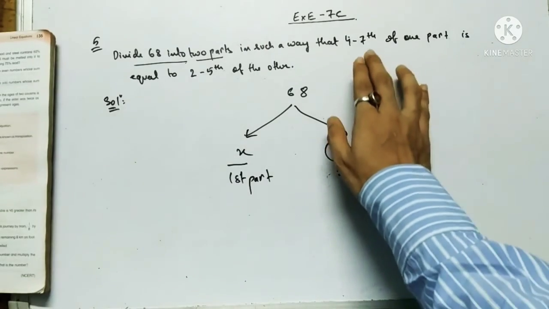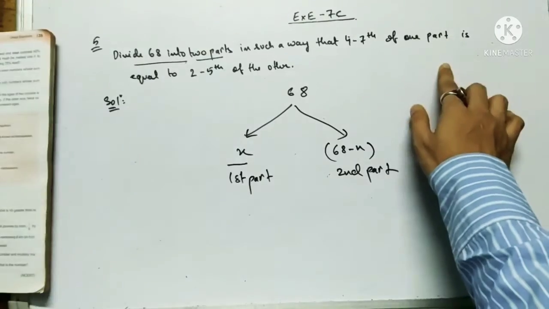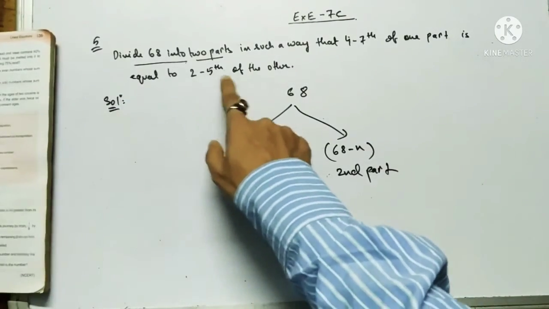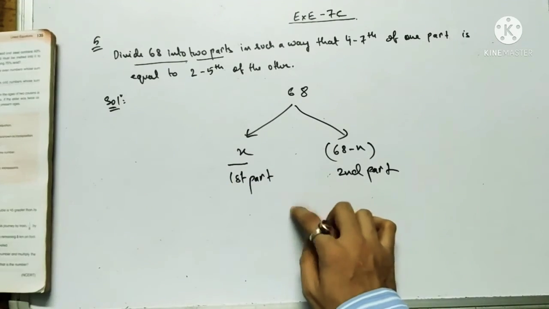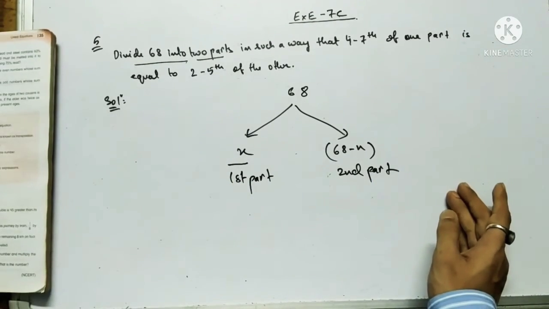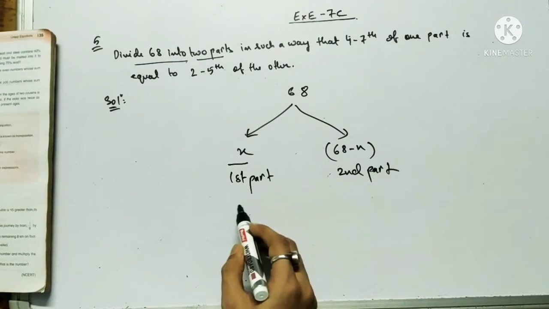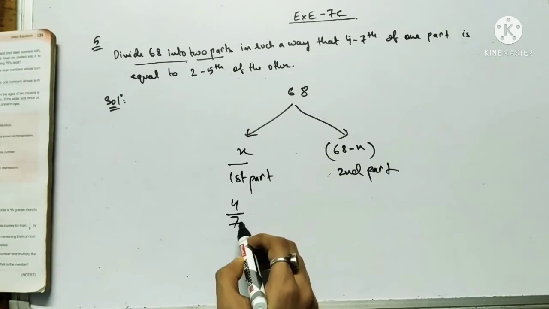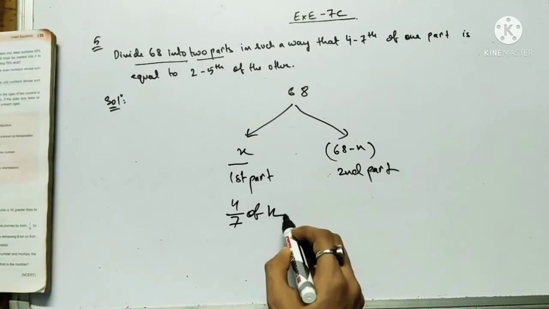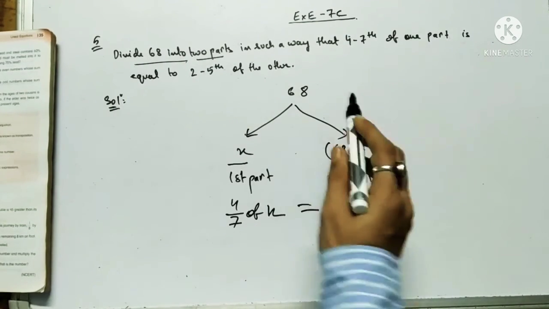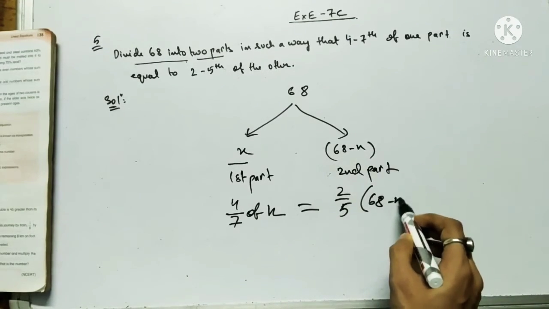Now it is saying that it is divided in such a way that 4/7 of one part is equal to 2/5 of the other. Very easy. 4/7 of x is equal to 2/5 of 68 minus x.